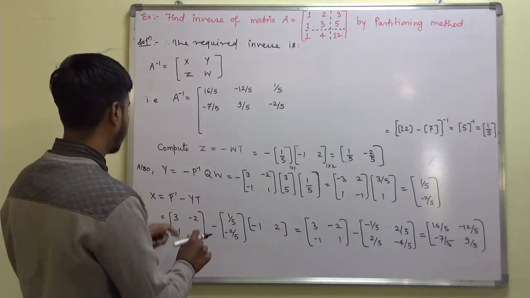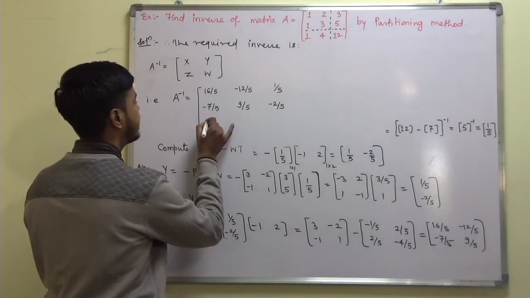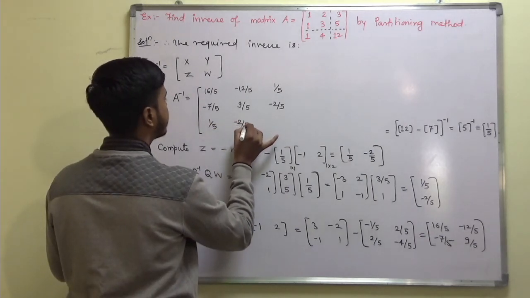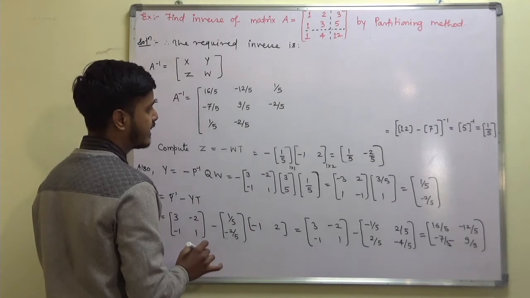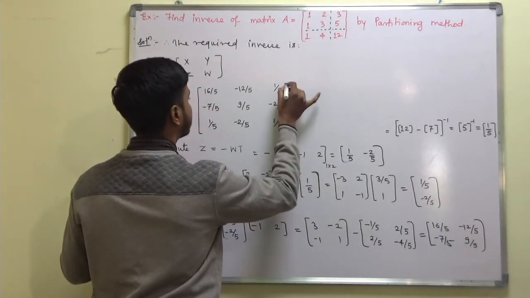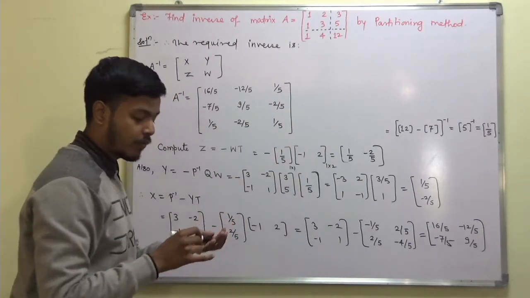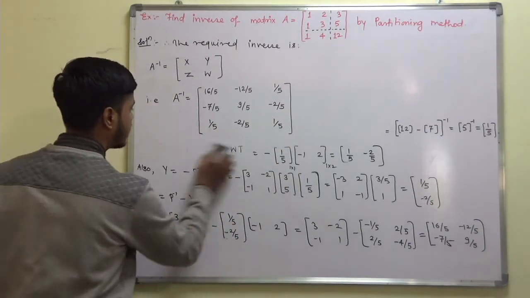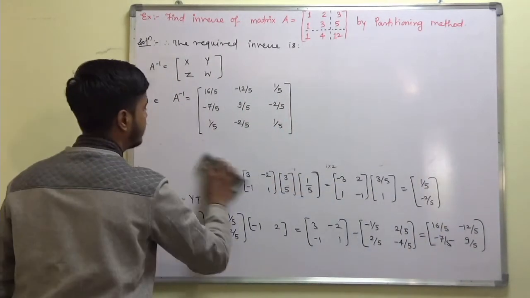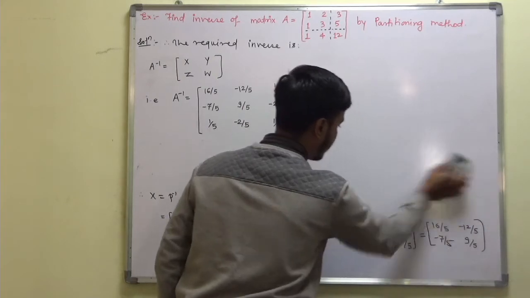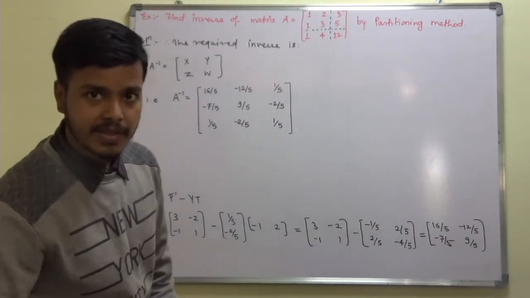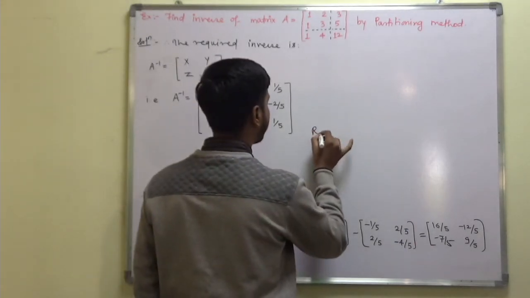So my z is 1 by 5 and minus 2 by 5, and at last w is 1 by 5. What you can do at the most here is take 5 common and write down the inverse once more. This answer is also acceptable, so this is the required inverse.